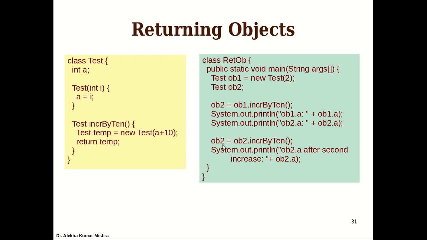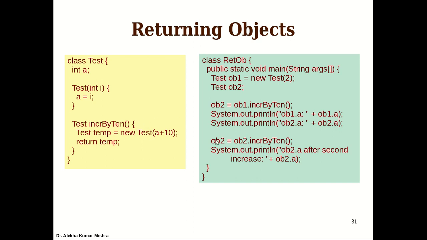Now OB2, again let us see this one. OB2 increment by 10. We are calling with reference to the object OB2. What is the value of A in OB2 now? That is 12. So when we call this, another temp object is created, with A 12 plus 10, 22, and that object is returned.